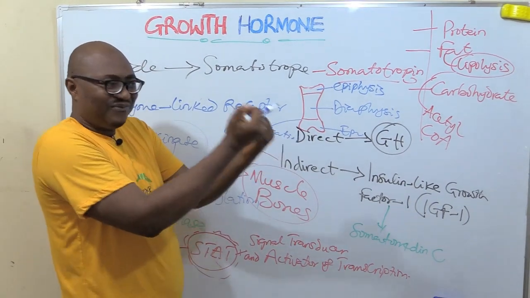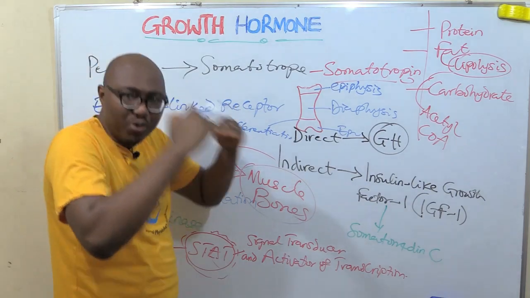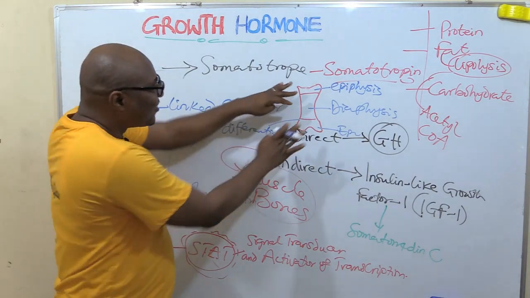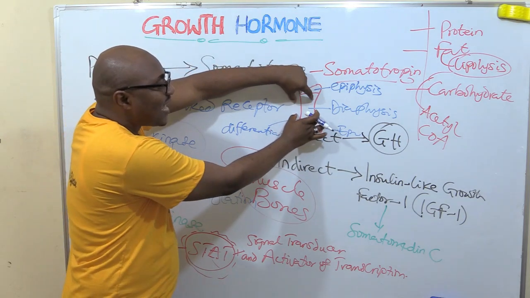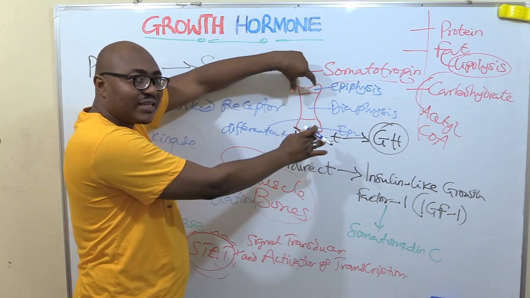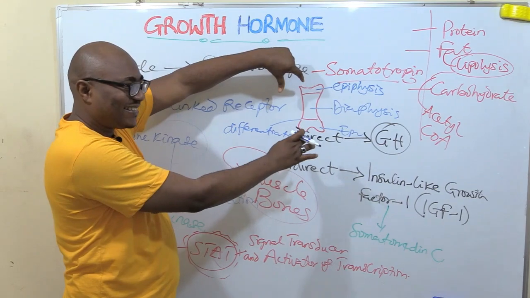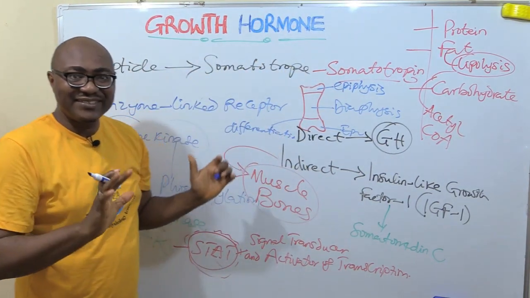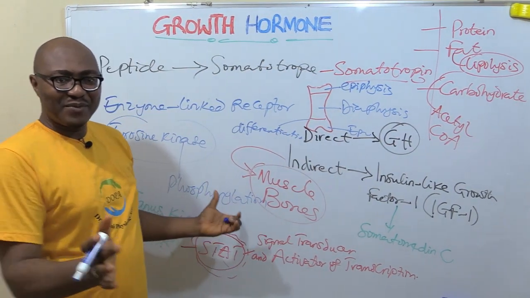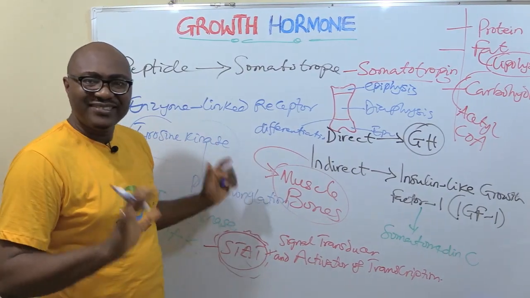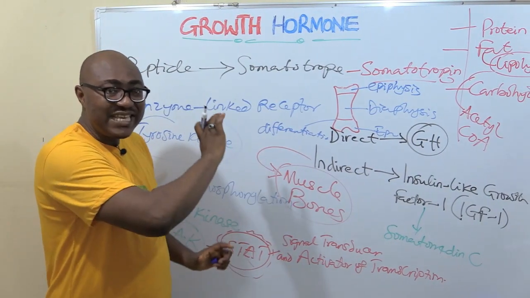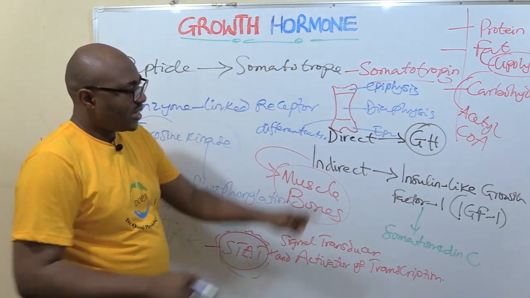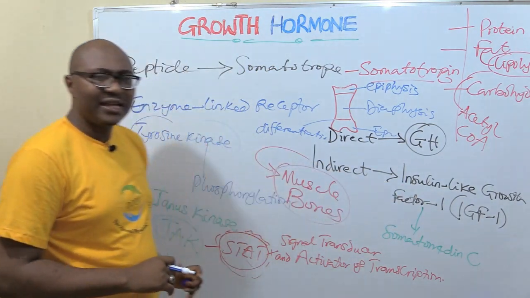So it converts the cartilage into bone. Do you understand? So it multiplies, increases, and then converts them into bone. So that's how the bone begins to elongate. That's how it causes linear bone growth, of your long bones. Okay? That's the effect on growth, and it uses this insulin-like growth factor.